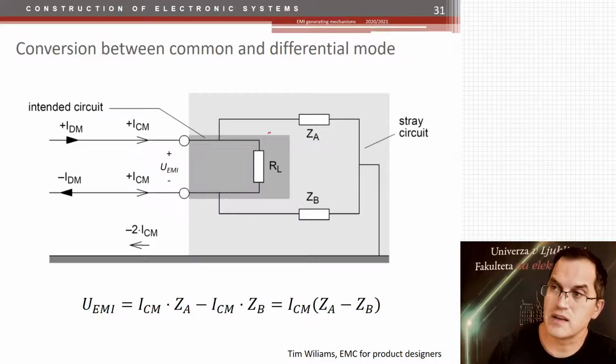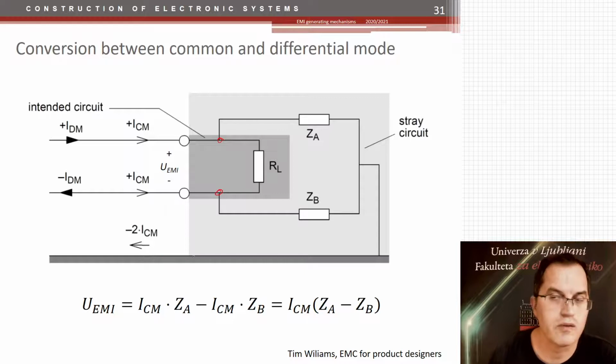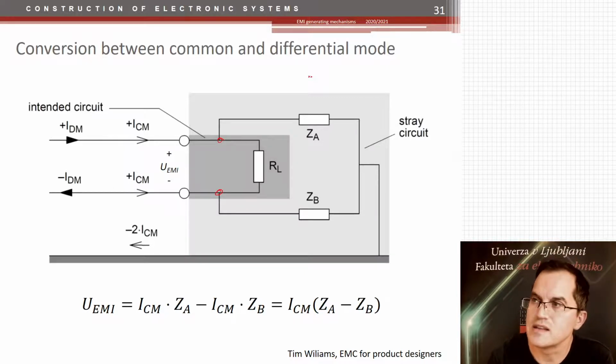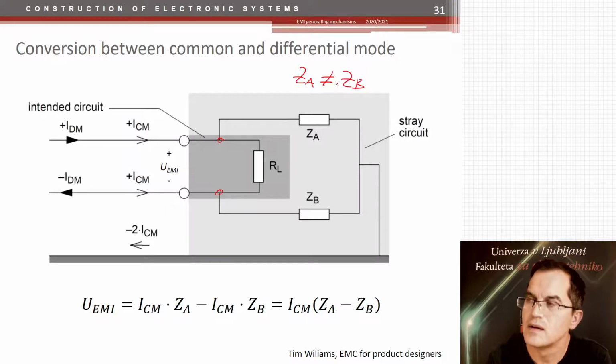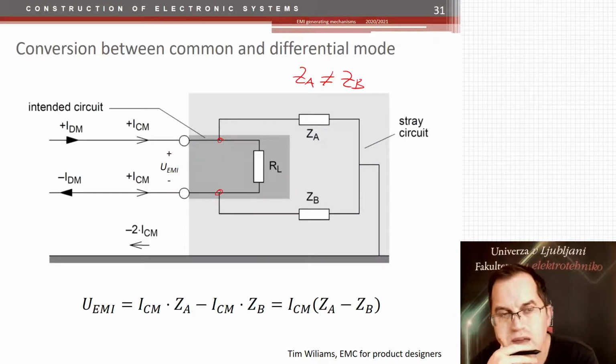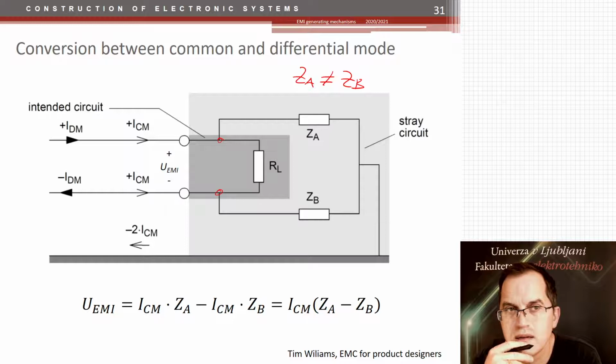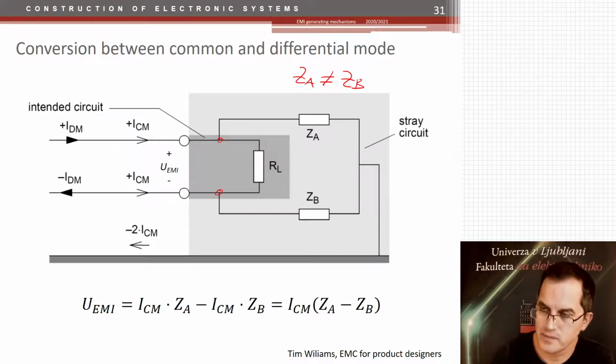And these are connecting each of these inputs to the common mode ground. So what happens if these two impedances are different? If these two impedances are different, then you have a problem. Because if you have a common mode noise that is coupling to the circuit, it will affect the differential voltage as well. How?